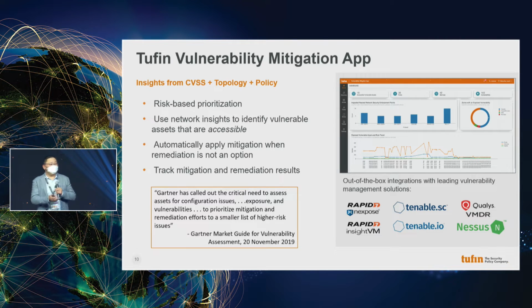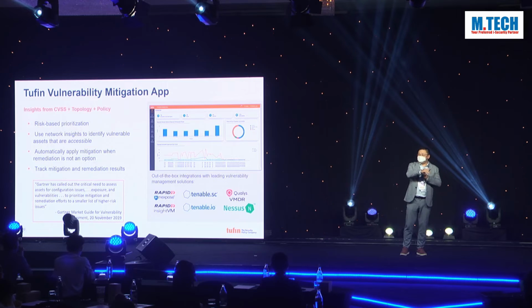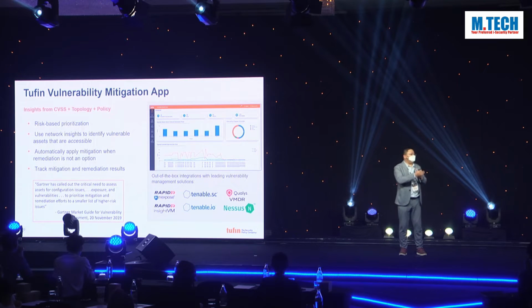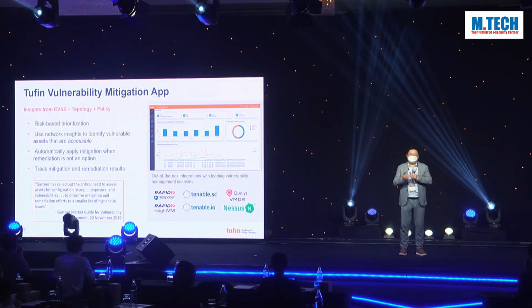What Tufin will do is that we take this information, we look at all the security policies in the network to identify which firewalls have a rule that is allowing access to that specific vulnerable asset. So this actually helps the network administrators, the security admins, to quickly prioritize what they should do.